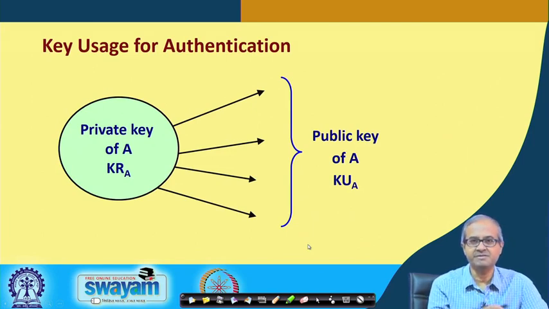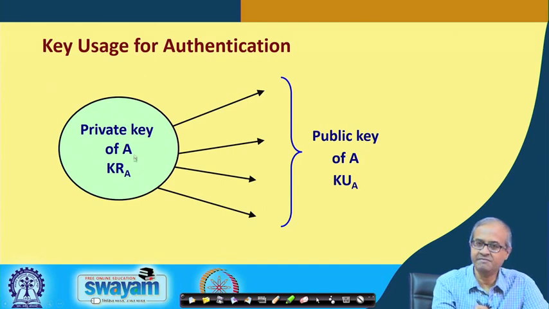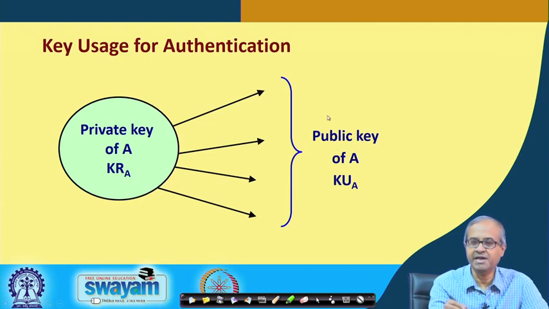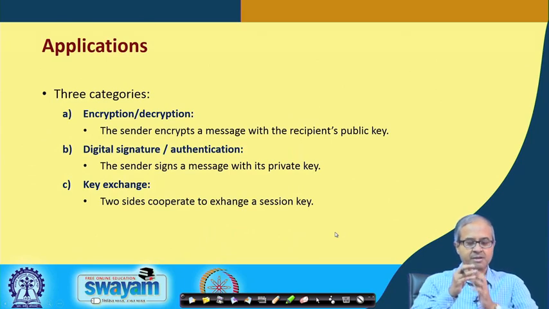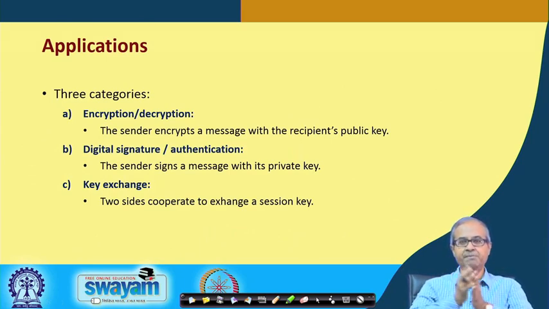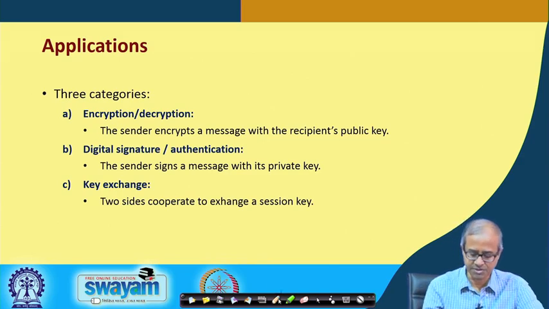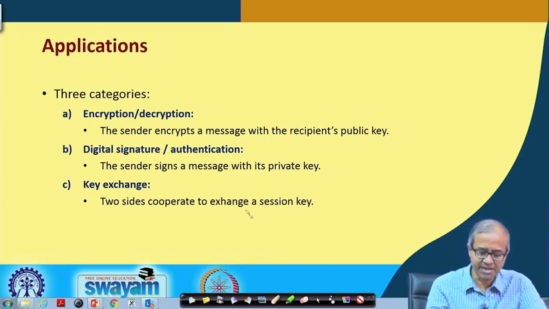Now, this is the pictorial schematic. Now, we encrypt using the private key of the sender and it is sent out to anybody, that anybody can verify the authentication of A by using the public key of A, decrypting it. Okay. Now, this application of these public key algorithms, encryption decryption algorithms, broadly you can think of 3 different applications.